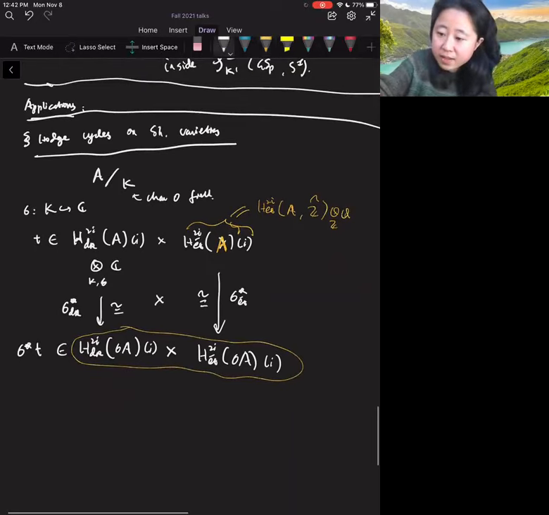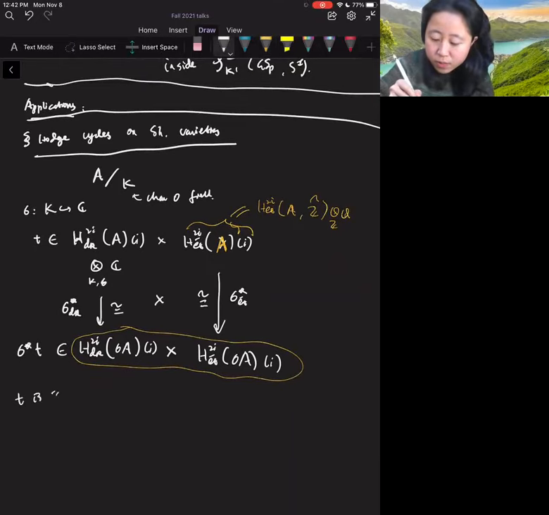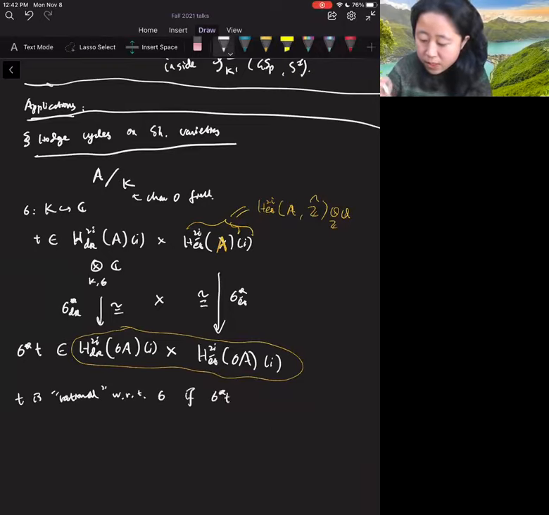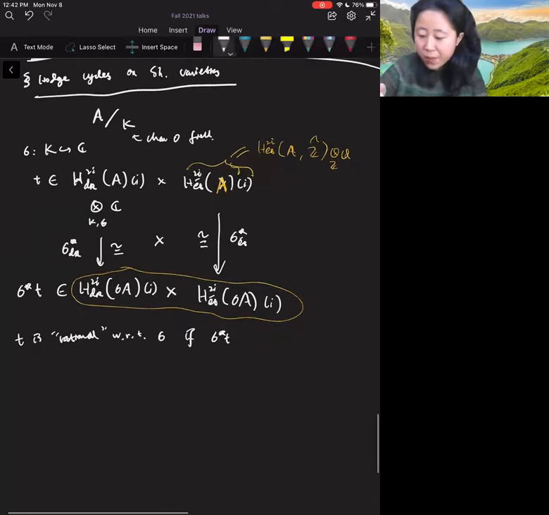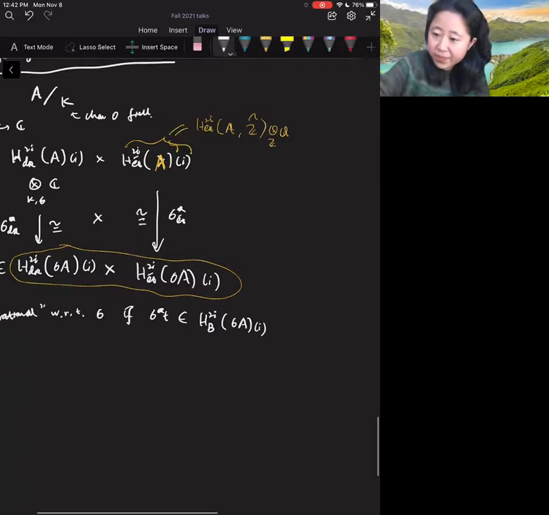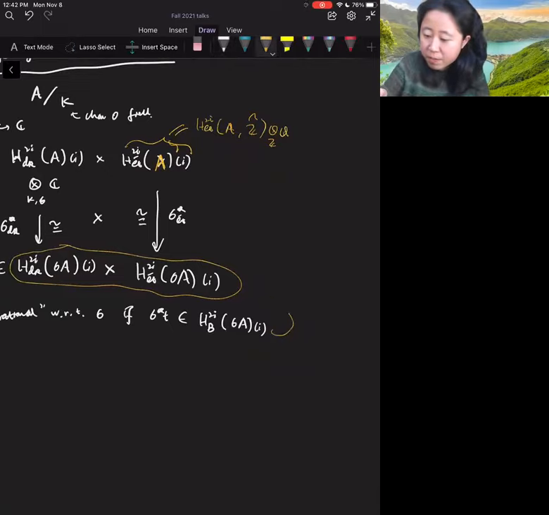And we say that this T is rational with respect to this embedding sigma if sigma star T lives in the rational subspace, this Betti cohomology space, which embeds diagonally into this space in the yellow circle. So diagonally embedded.